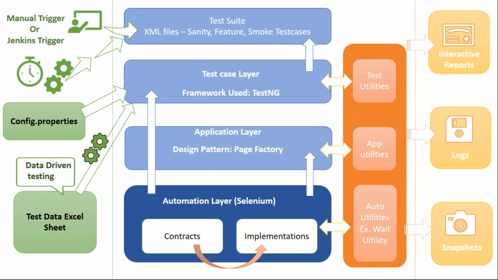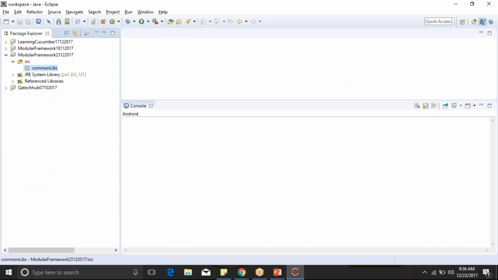Let's say you are working on application one, you created this framework, then you moved on to a second application. You will need these same files again. So this layer is independent of the application you are automating, and you can just take it out and introduce it in your second application. That is why I'm calling them common libs.